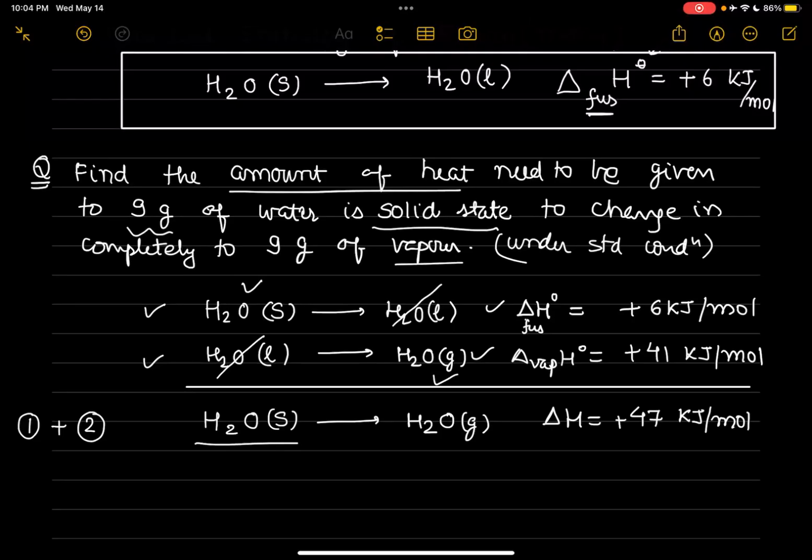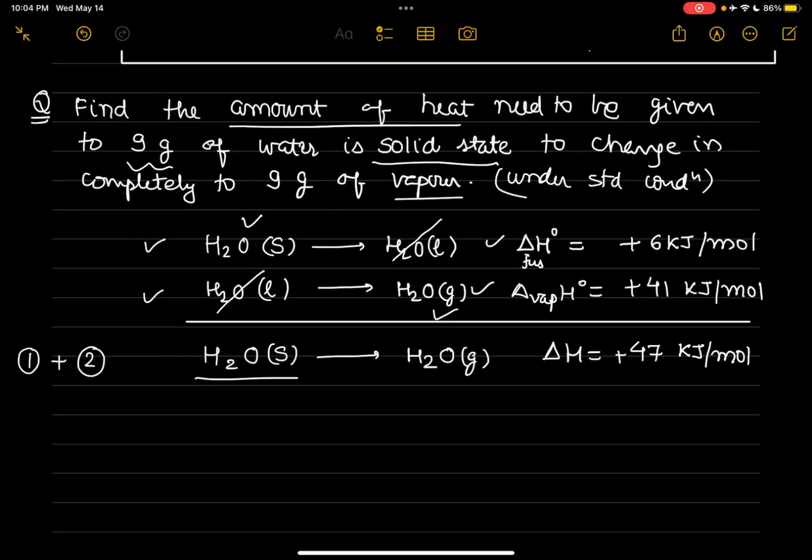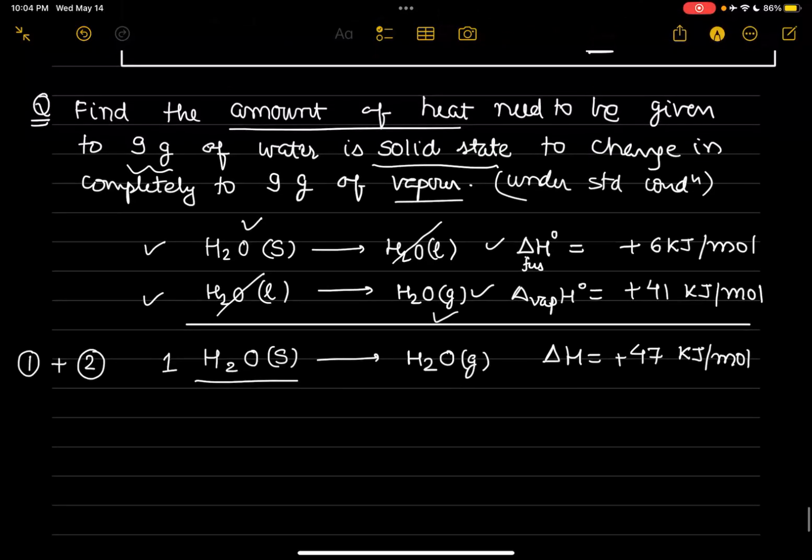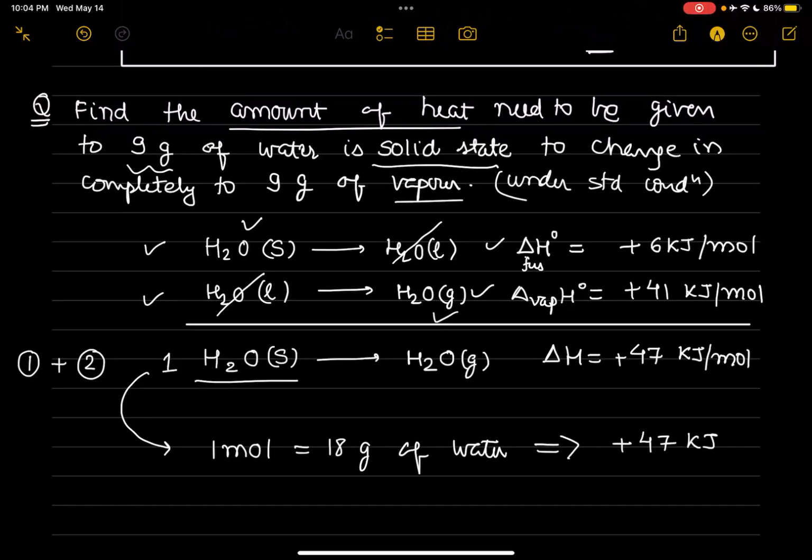Per mole of this equation, that is, this equation has 1 mole of water, so that is for 18 grams. One is not mentioned over here, it is quite obvious. It represents 1 mole equal to 18 grams of water. You require 47 kilojoules for 1 mole.